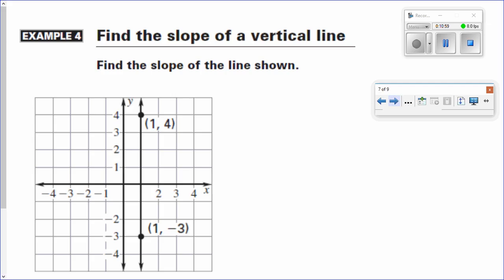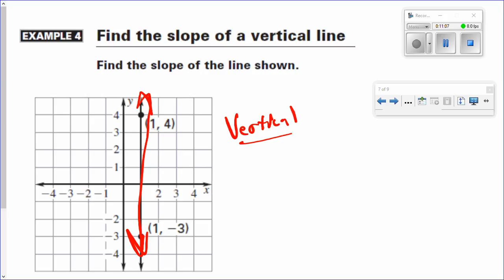However, if you're going to climb a cliff like this, straight up and down, that's different. A vertical line is different. It climbs forever. It goes up. This one goes 1, 2, 3, 4, 5, 6, 7. The rise over run, in this case, it'll be 7 over, there is no run.